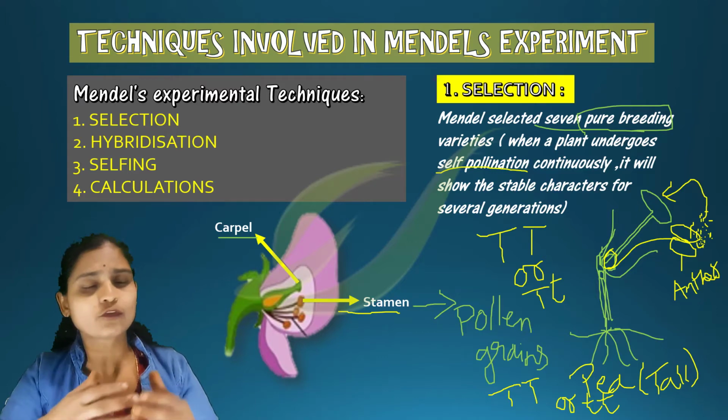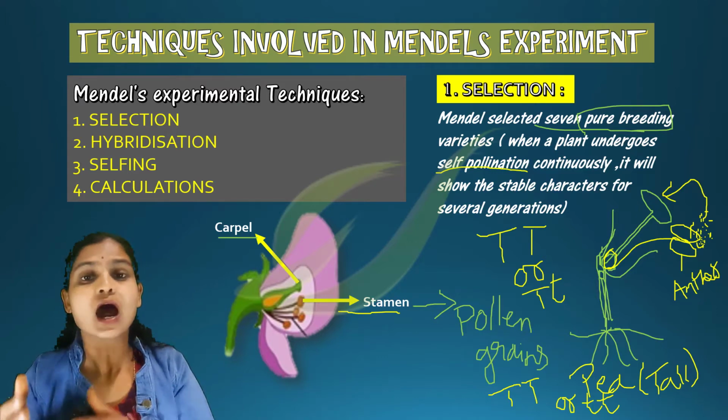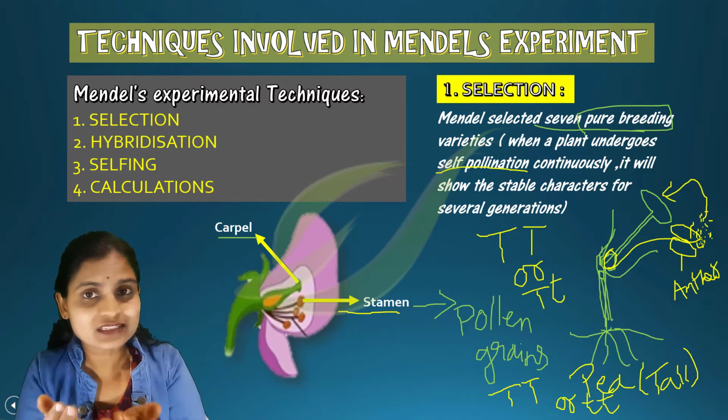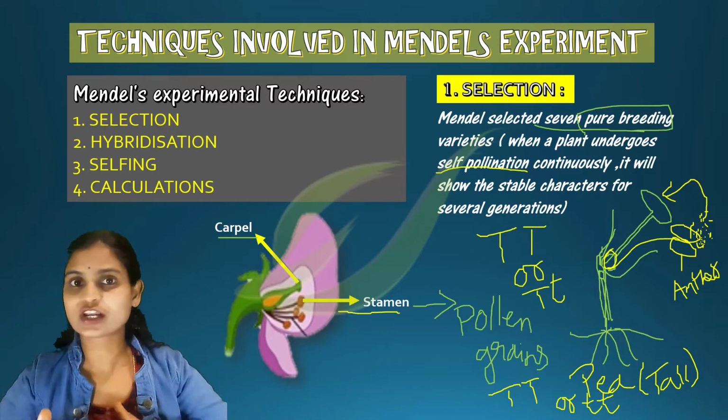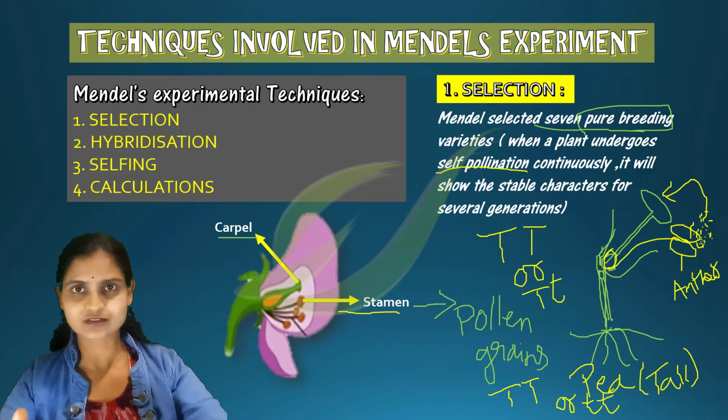Once he conducted this for so many generations, at last he collected the seeds from that plant. Imagine he had done self-pollination for 7 generations.